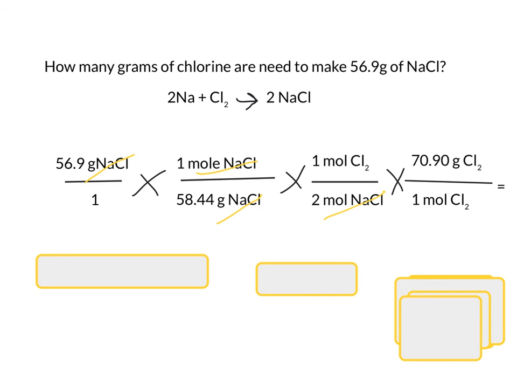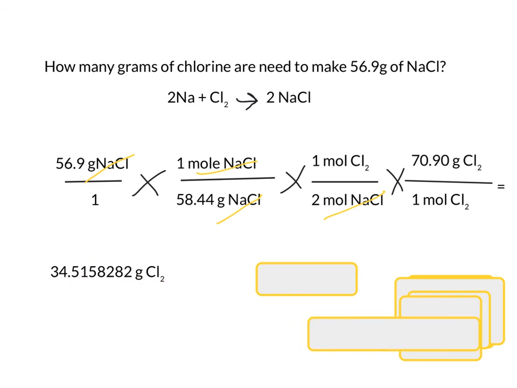Totally up to you, it isn't going to factor into your math. It'll work both ways. So when I do the math, I get a beautiful answer of 34.5158282 grams of chlorine.